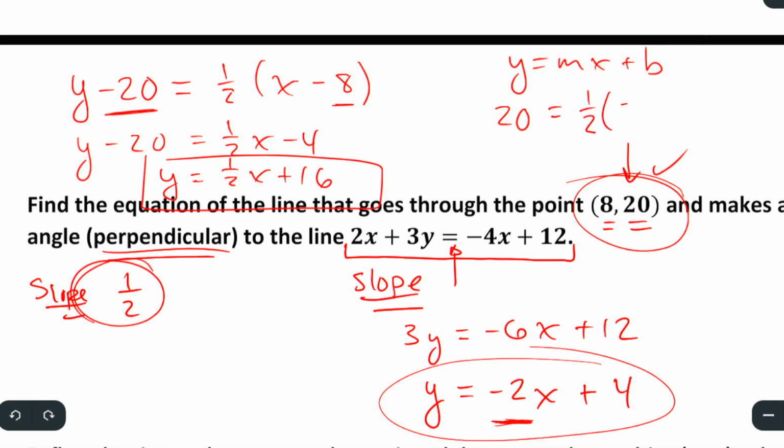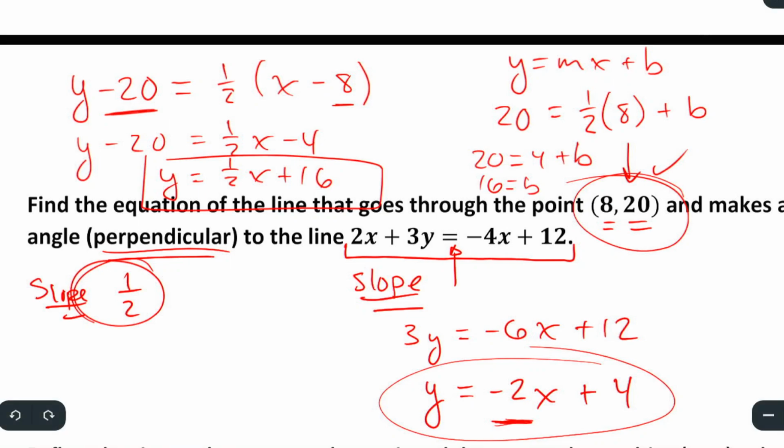The x value that I know is 8, and then I've got plus b. So I'm just solving this equation for b. 20 is equal to 1/2 times 8, which is 4, plus b. If I take away 4 from both sides, I figure out that my y-intercept, my value of b, is 16. So you can see, same exact result.